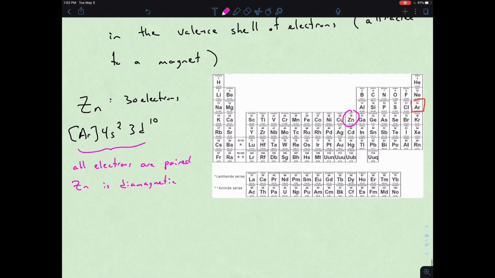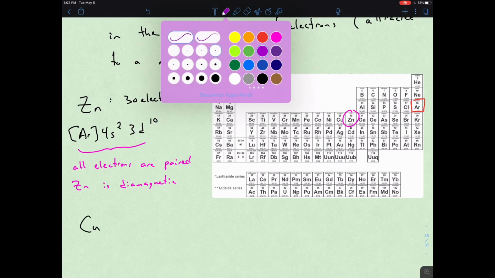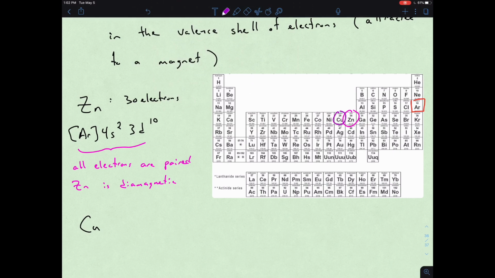If we go to copper, which we've already done, right next door with its 29 electrons. Remember, it's actually the exception.